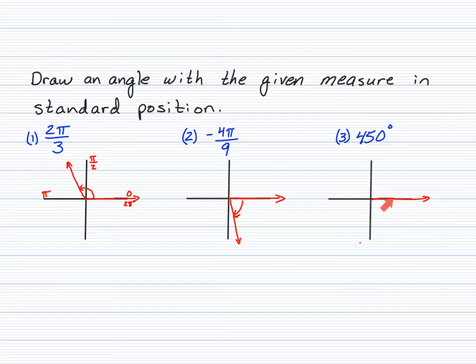That means we have 90 more degrees to go to get to 450. Well, 90 more degrees would put us up here. So the terminal side of our angle would be located up here, and the rotation would be all the way around one time and then going an extra 90 degrees.